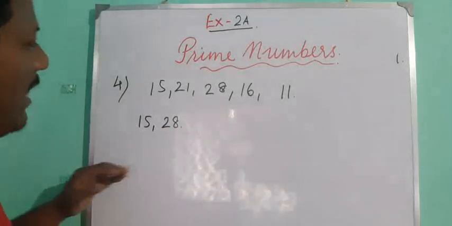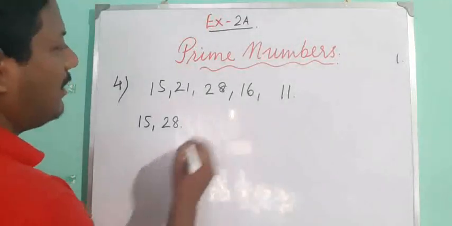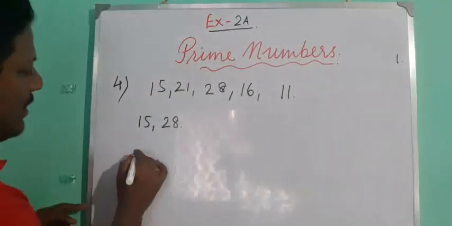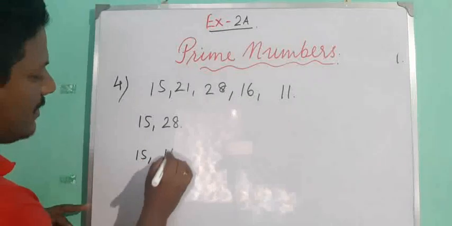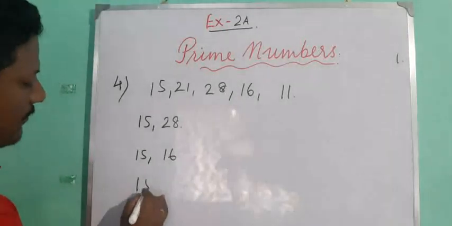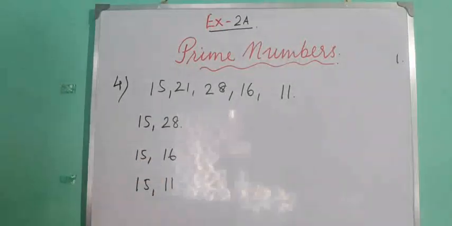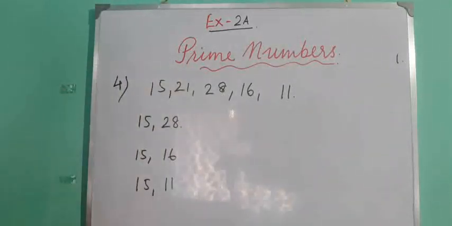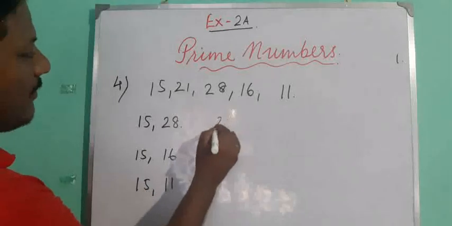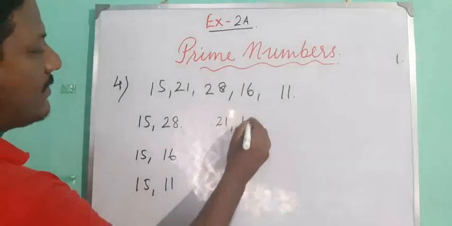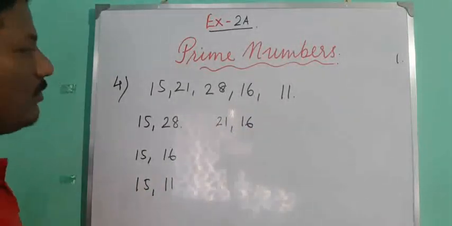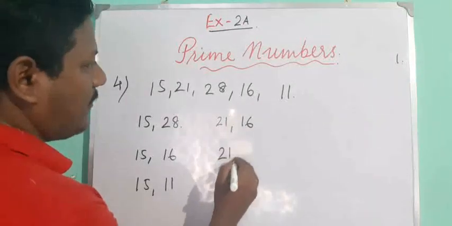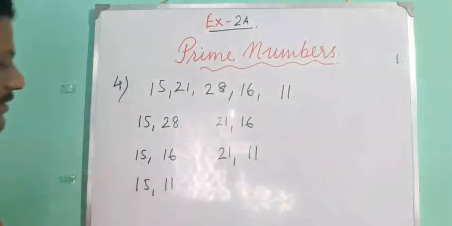Then can we have 15 and 16? Yes, 15 and 16. Then 15 and 11. 21 and 28 we cannot have, so we can have 21 and 16. There is no common factor. Then we can have 21 and 11.